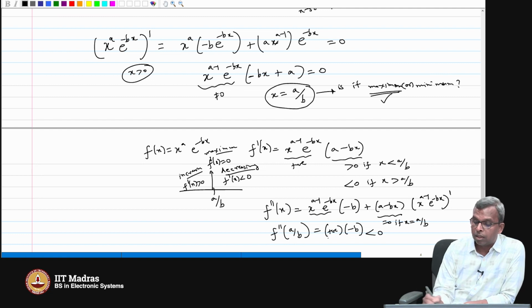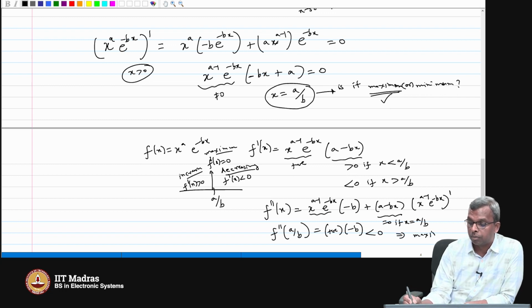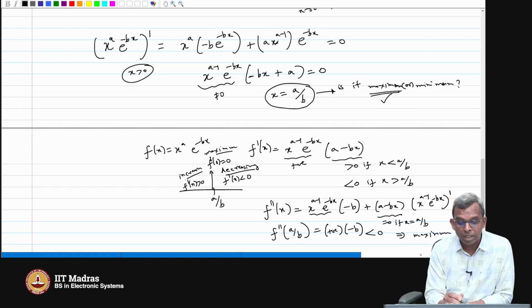Okay. So, this is called the double derivative test. If you want to find out if a critical point is a maximum or minimum, you take the second derivative. If second derivative is negative, this implies maximum. What is the meaning of second derivative being negative? It means first derivative is decreasing.